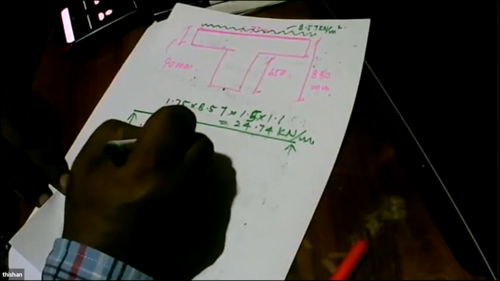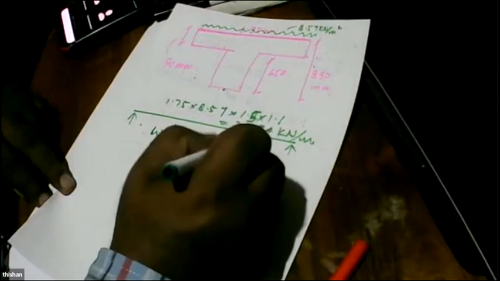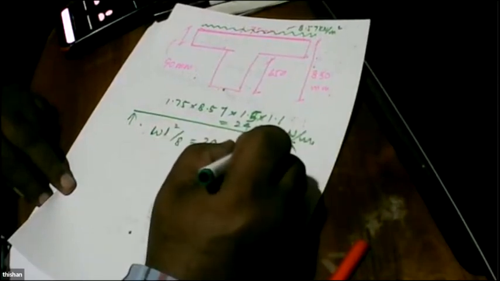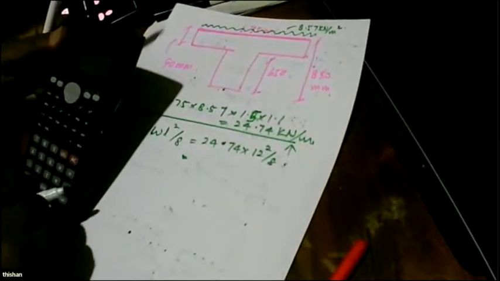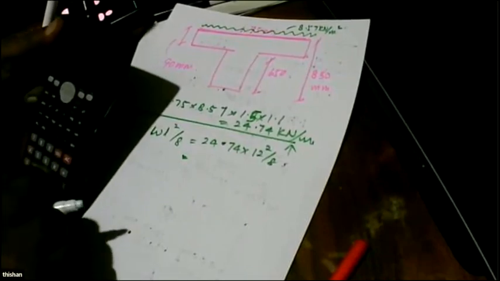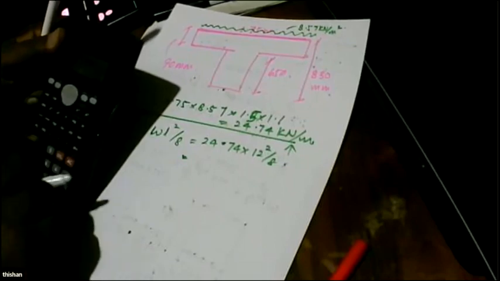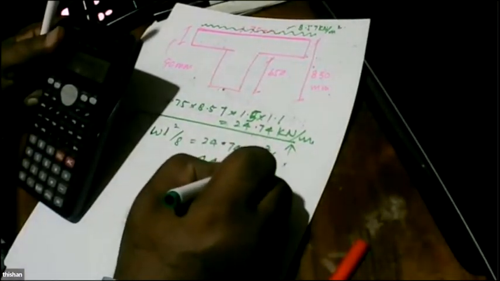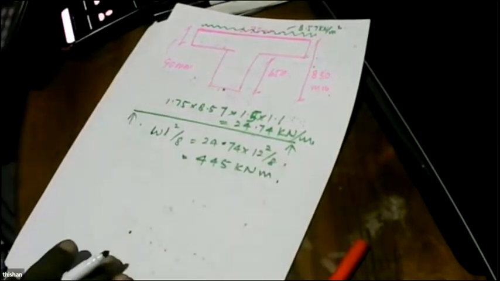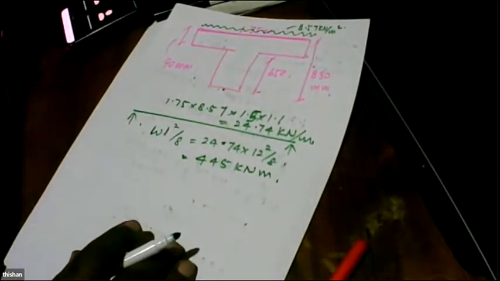So WS squared over 8 is equal to 24.74 into 12 squared divided by 8, which is 24.74 multiplied by 144 divided by 8, so 445 kilonewton meters.